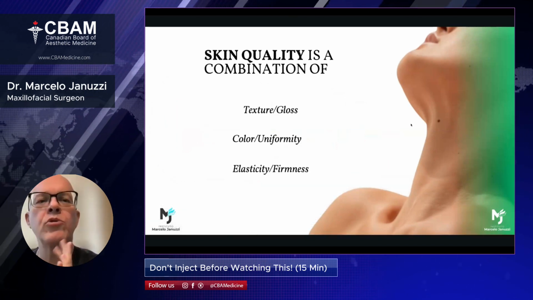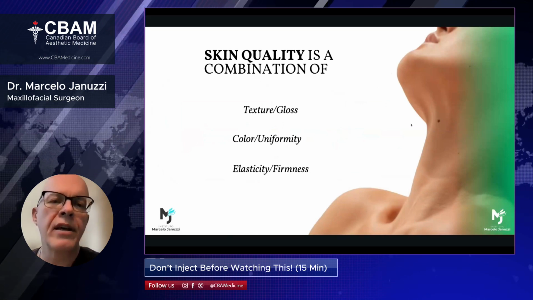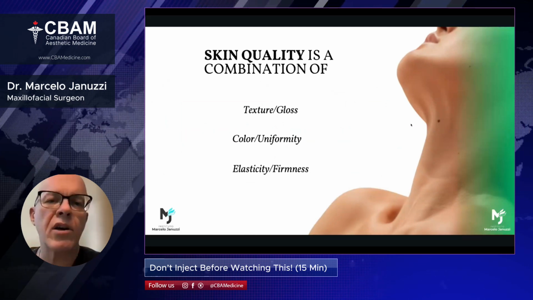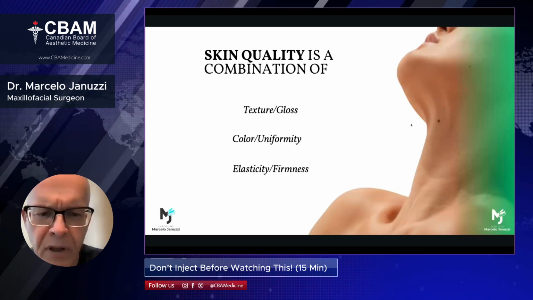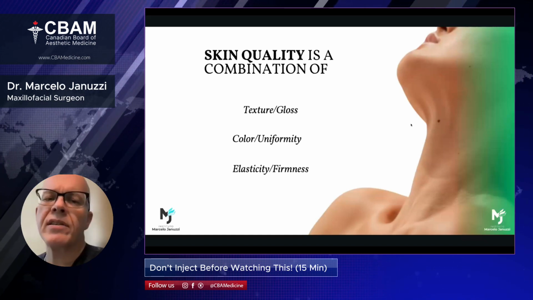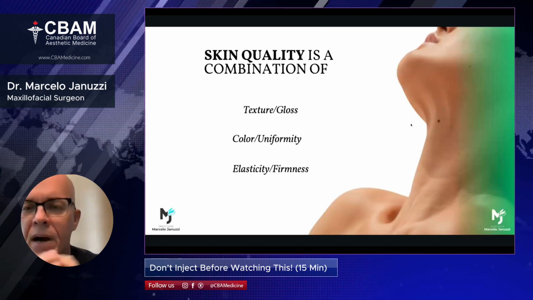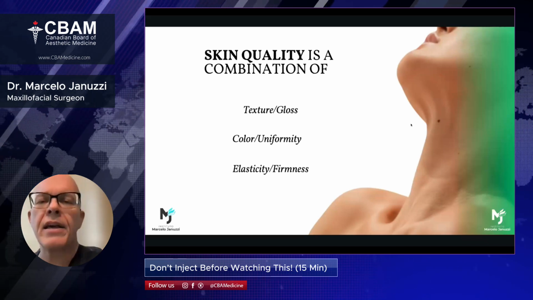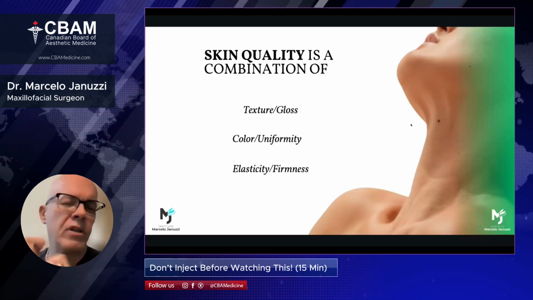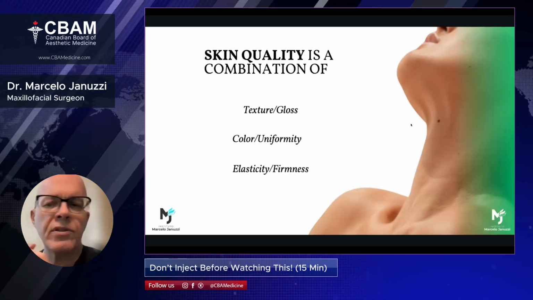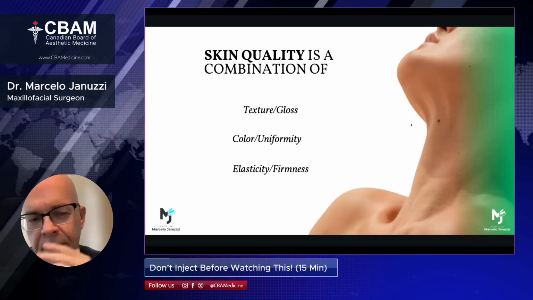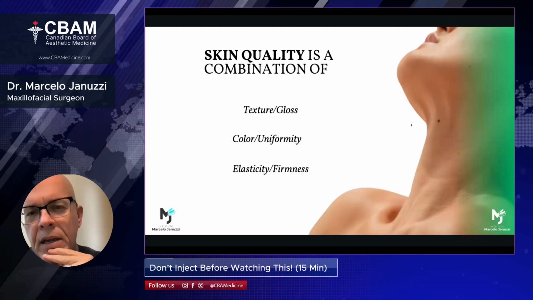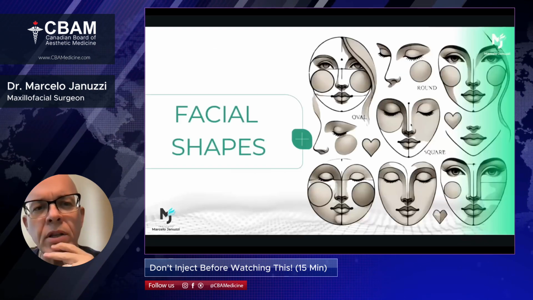The skin quality is a combination of texture, color, uniformity of the color, and elasticity, the firmness determined by the collagen inside the skin. So the first 2 millimeters of this skin is very important to determine this.